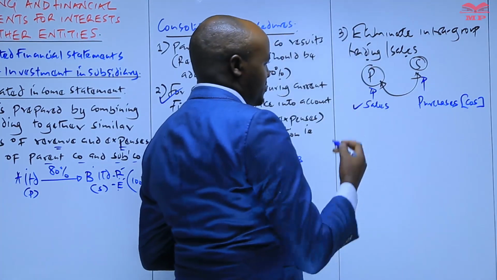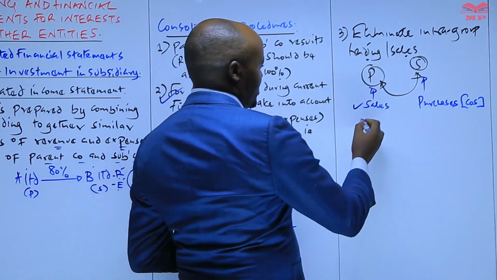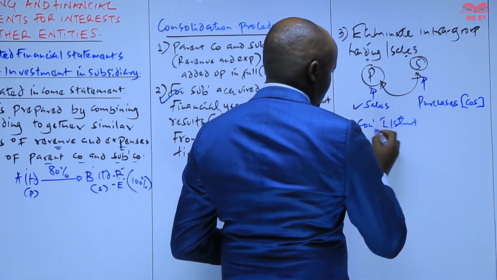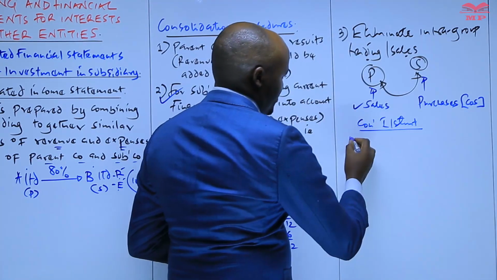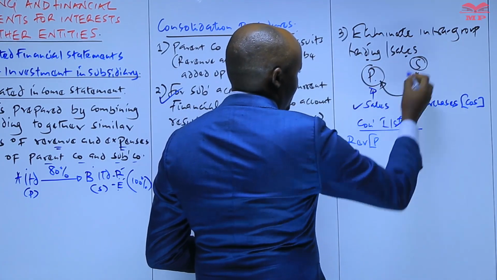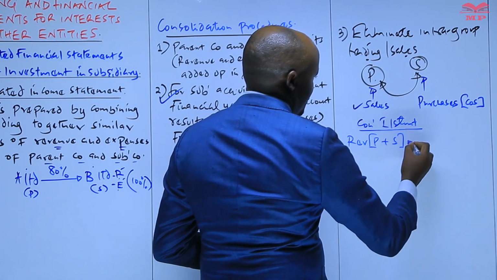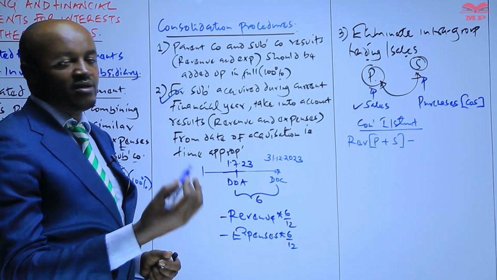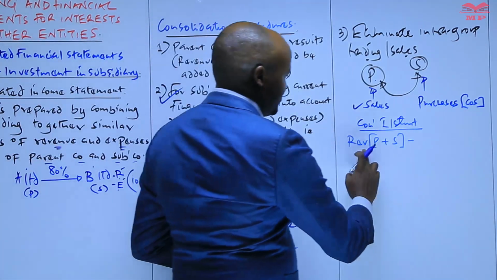And therefore, in preparing the consolidated income statement, what we are saying is that we should take the revenue of the parent plus that of the subsidiary. And then we are saying if there are some sales between the group members, that should be eliminated from this.